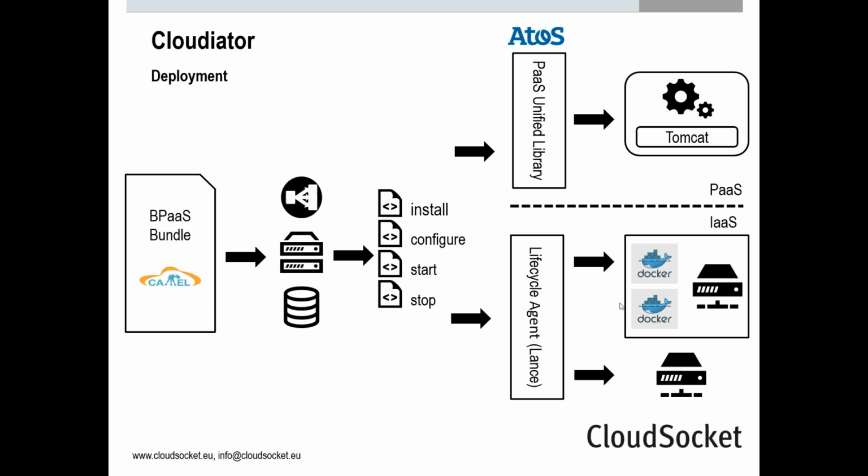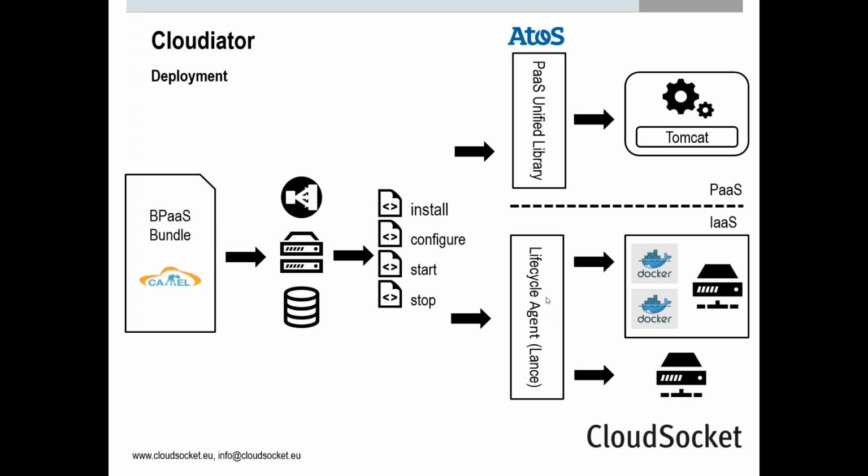So if the application is deployed on IaaS, then a lifecycle agent, namely Lance, will take care of the setup and the wiring of all these applications on the virtual machine.